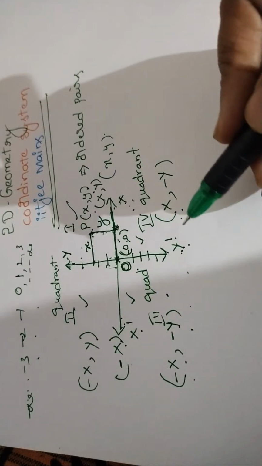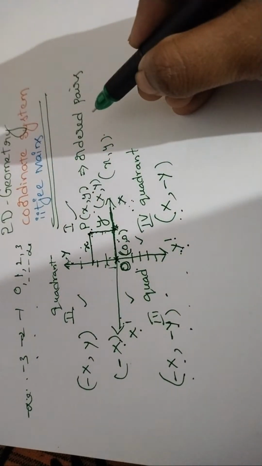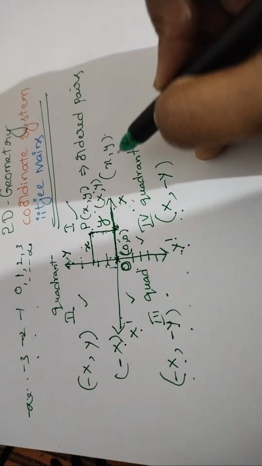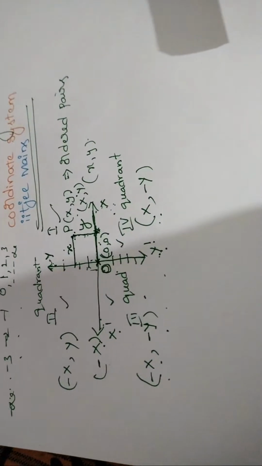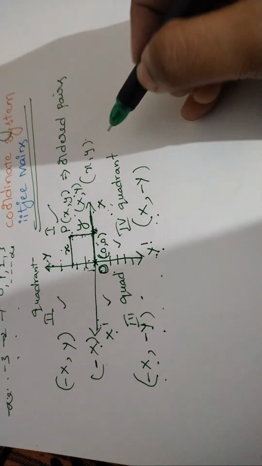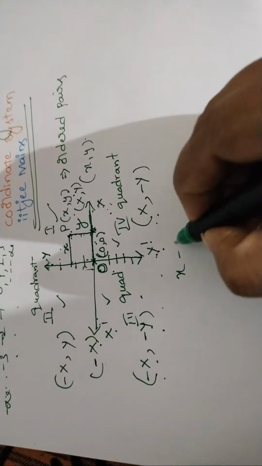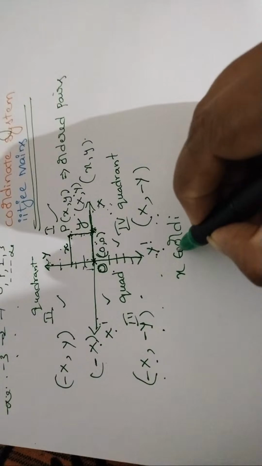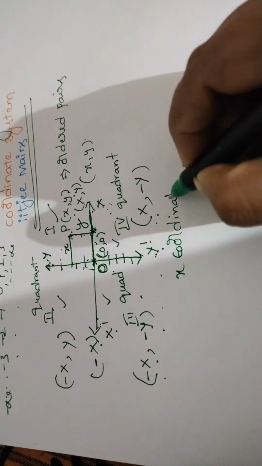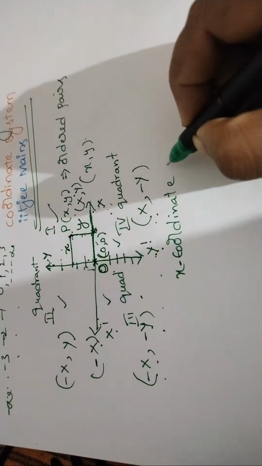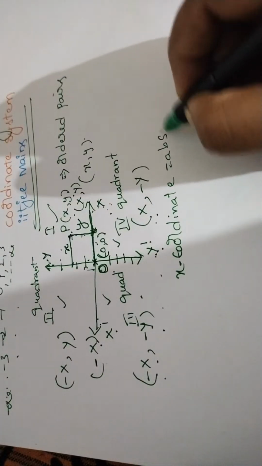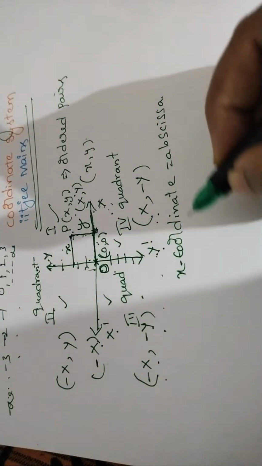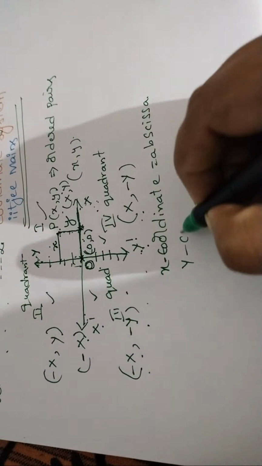Now, what are the ordered pairs? X comma y is the ordered pair. Now for the x coordinate we have one more name. The x coordinate is called the abscissa.